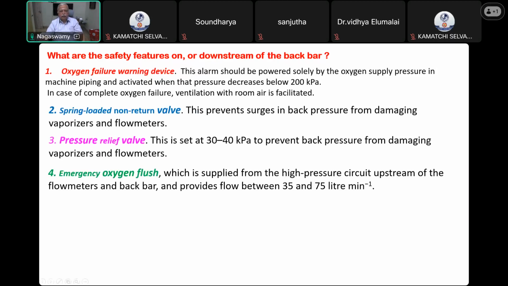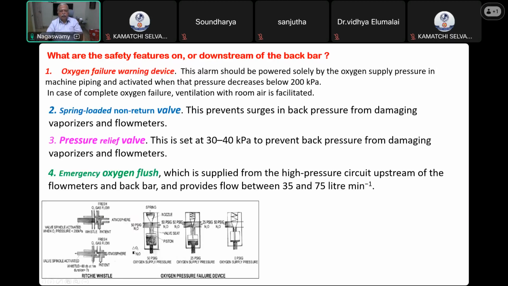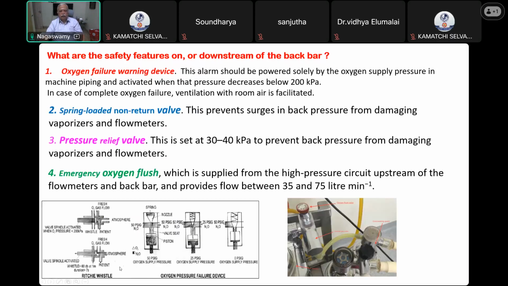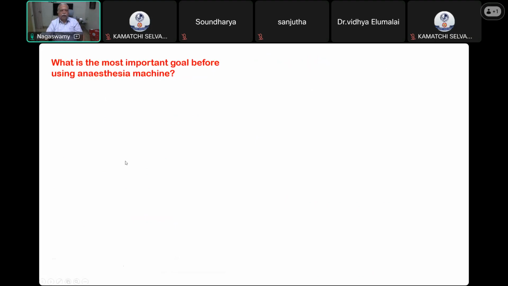These are the 4 things which are loaded on the back bar. And the oxygen failure device will be either a pressure failure device, which is also audible, called the Ritchie's whistle. And this is the oxygen flush. This is the common gas outlet. These are all in the older machines, which you normally don't see.